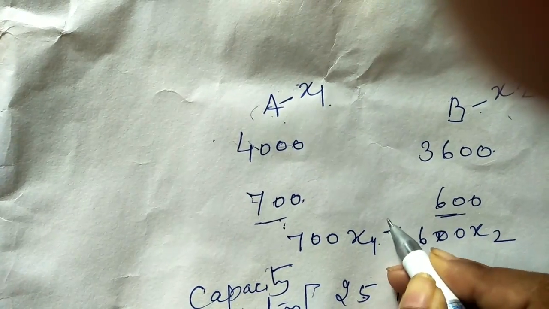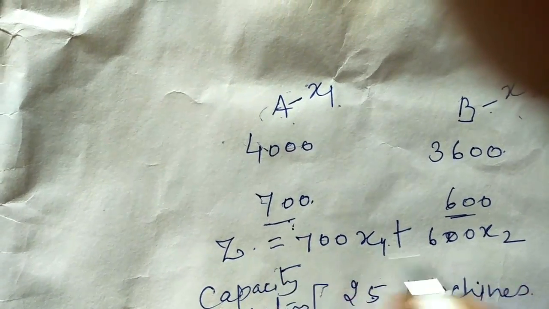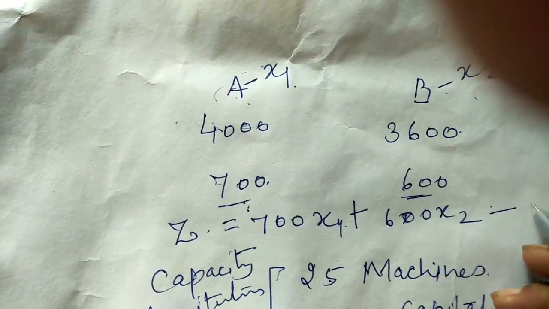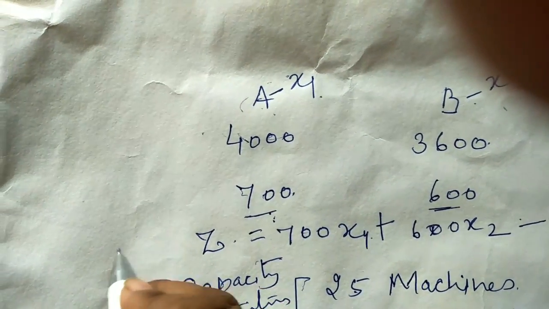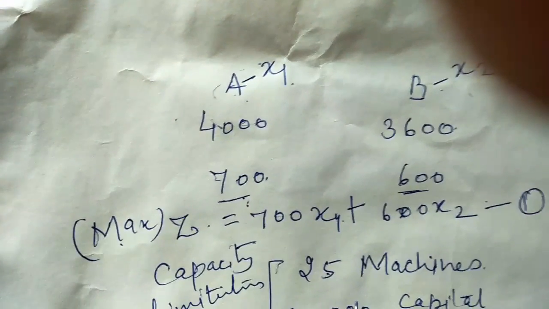So the total profit, this plus this, we will represent by Z. This is the total profit, and our objective function is to maximize this total profit.